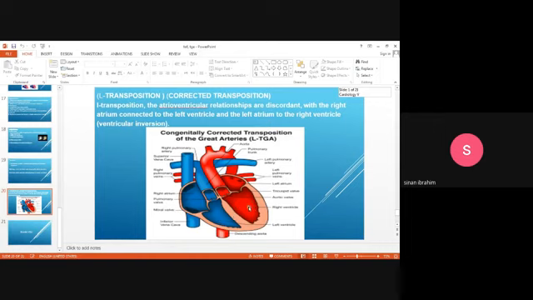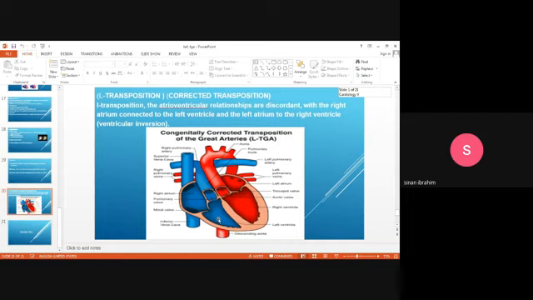So the right ventricle will be on the left side, and the aorta will arise from it, while the left ventricle will be on the right side. So there will be ventricular inversion, a change in the position of the ventricles, and there are many anomalies associated with it, including arrhythmias.